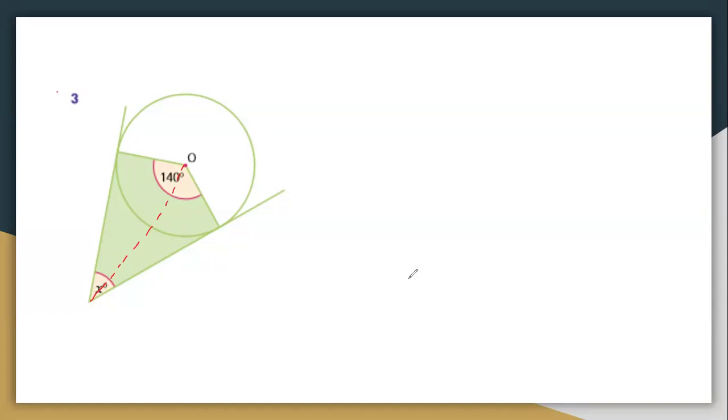So we add 90 plus 70 degrees plus R is equal to 180 degrees. 160 plus R is equal to 180 degrees. Then R is equal to 180 degrees minus 160 degrees. Then our R will be 20 degrees.